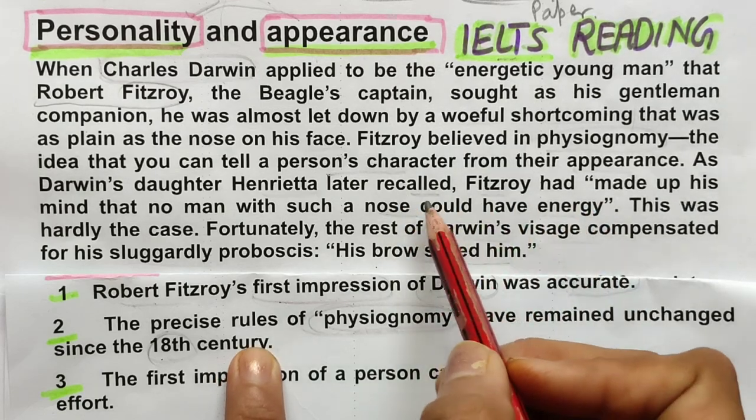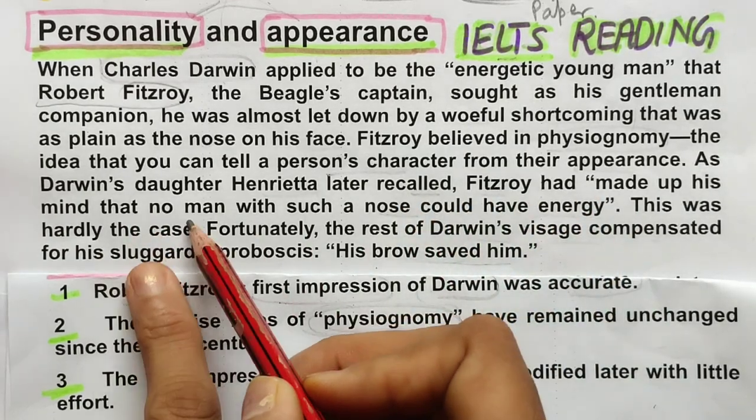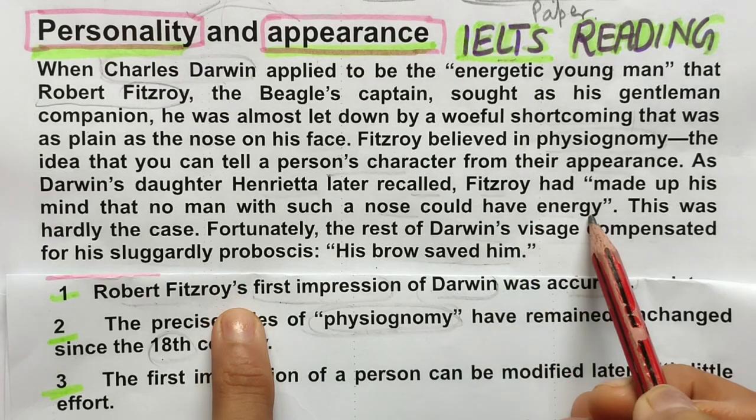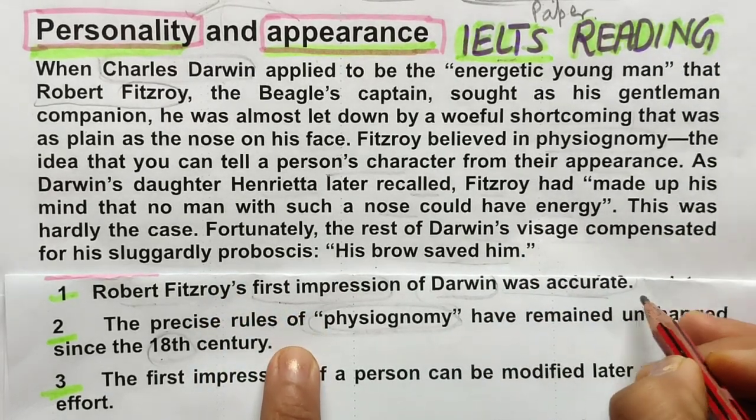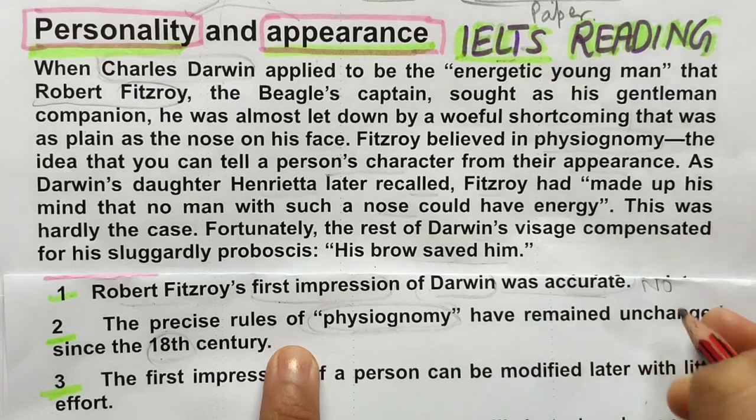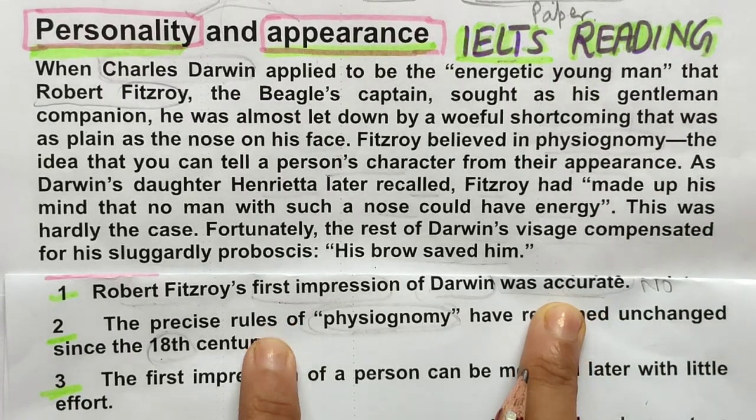But here he is saying Fitzgerald made up his mind that no man with such a nose could have energy. It was not accurate. So he was thinking something different. So we will just write it no. But you can think it again.